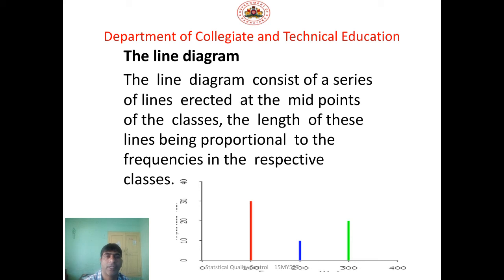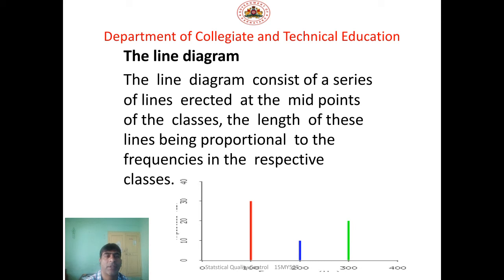In this line diagram we are collecting the data. While constructing it, on the x-axis we take the class interval, and on the y-axis we take the frequencies. I have represented one example here.